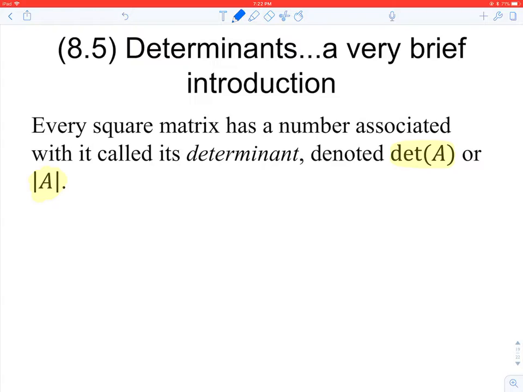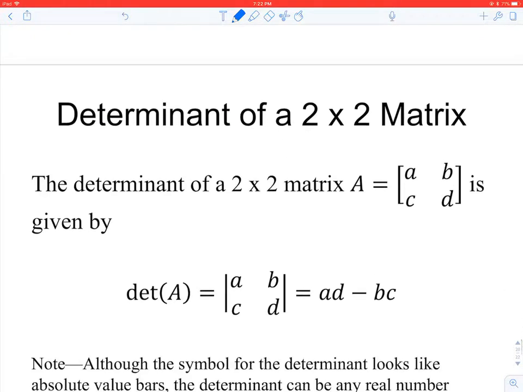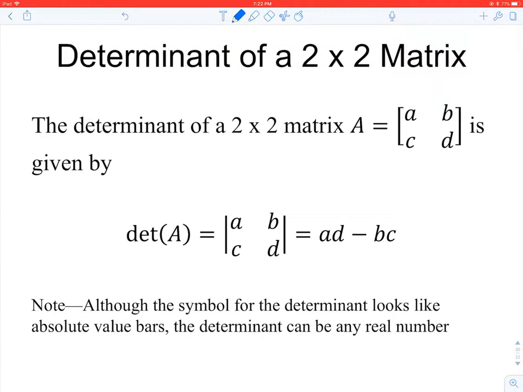Determinants can be negative, so unlike when we've used the absolute value bars to represent magnitudes of vectors or complex numbers, the determinant can be a negative value. Okay, so I'm going to show you guys how to find the determinant for a 2x2 matrix. So 2 rows, 2 columns.